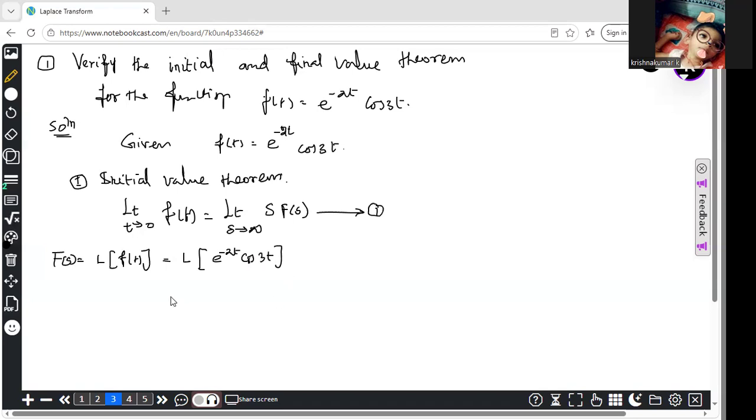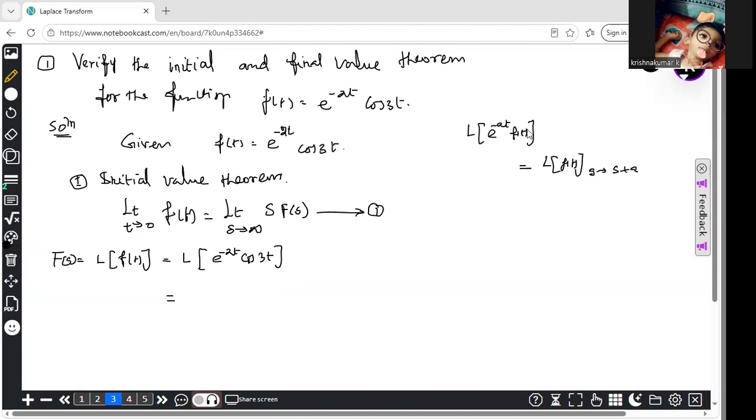Next, here you have to use the shifting property because we have the exponential function multiplied by another function. Already we know that Laplace transform of e power minus at into f of t is equal to Laplace transform of f of t, where you replace s by s plus a.